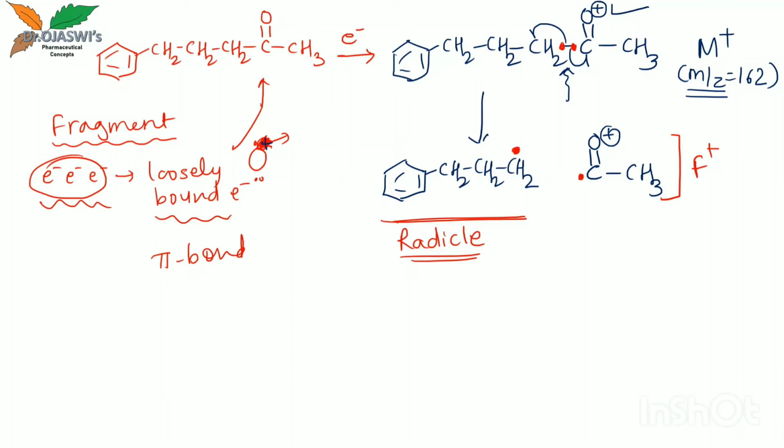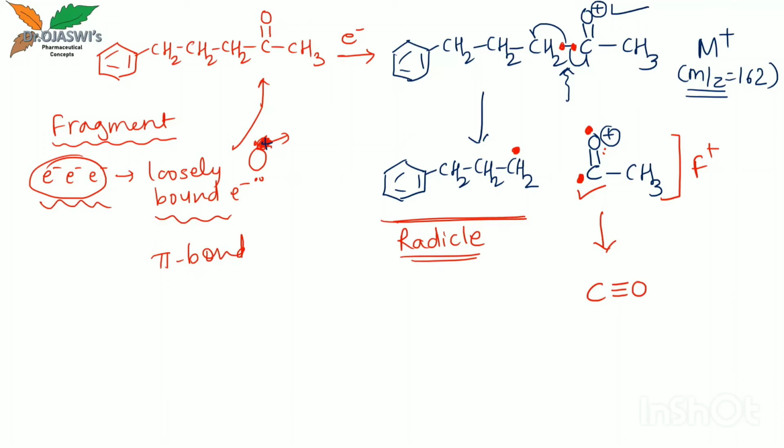Here I had these electrons, and now I have an electron over here, so this electron and this electron can form a bond. How will this look?